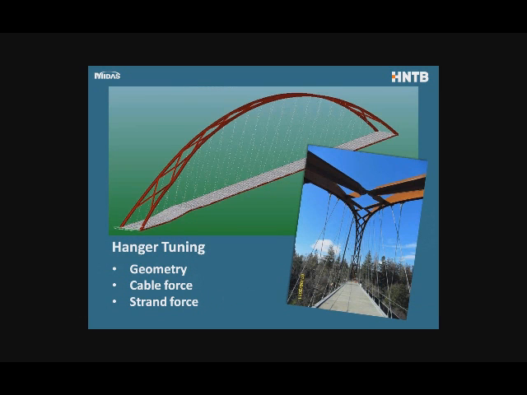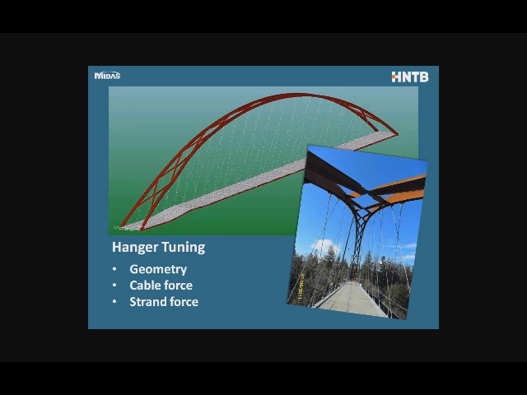Now the final stage is to get the cable forces and the geometry right. During construction, there's so much interaction with the false work and with tolerances and with temperature. You'll never get the geometry quite right at the end, and the cable forces won't be quite where you want them. So there's always a final hanger tuning stage.